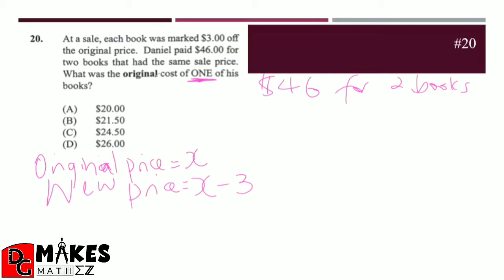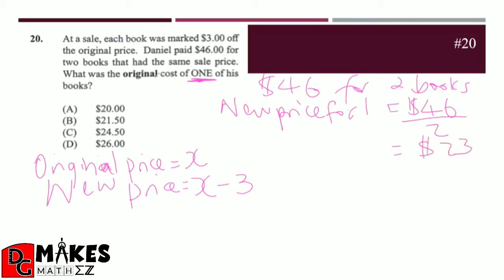So the new price for 1 book is going to be $46 divided by 2, and that gives us $23. All right, so new price is $23.